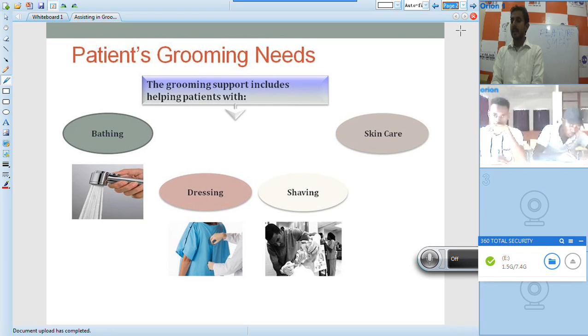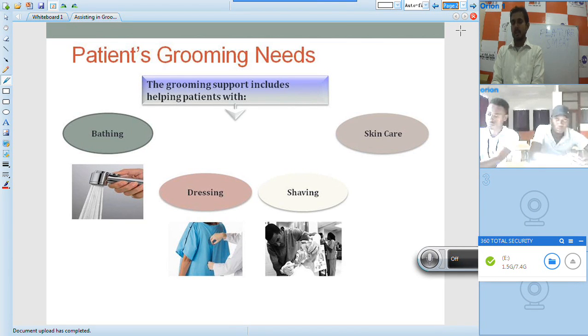Another is shaving. You need to shave the patients regularly, so that proper skin care is maintained and the look of the patient seems good while staying in the hospital.